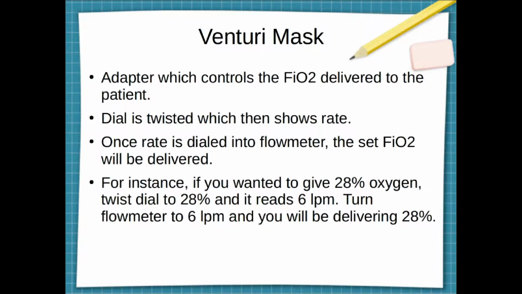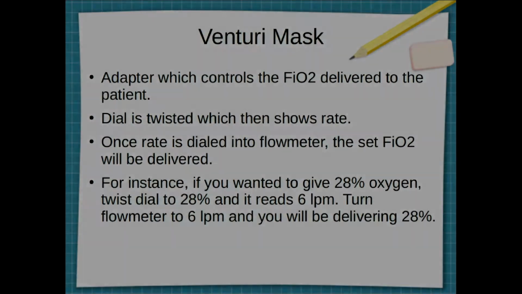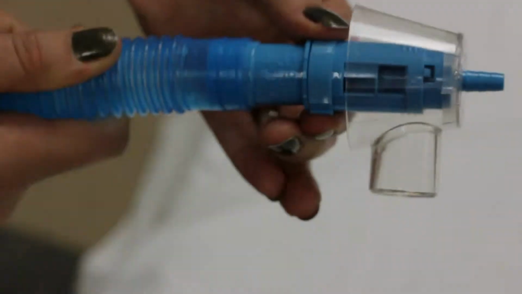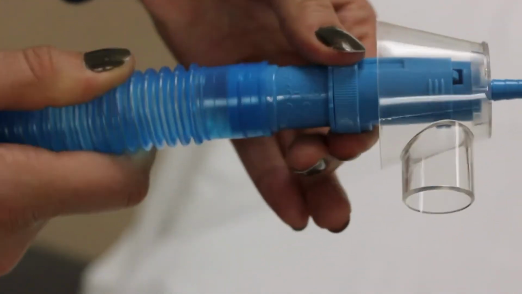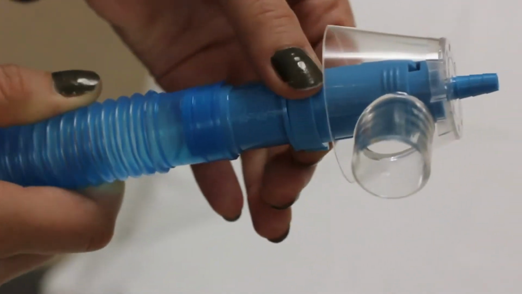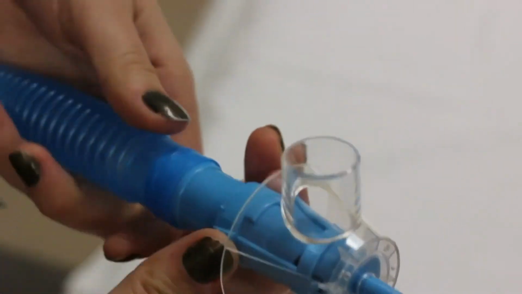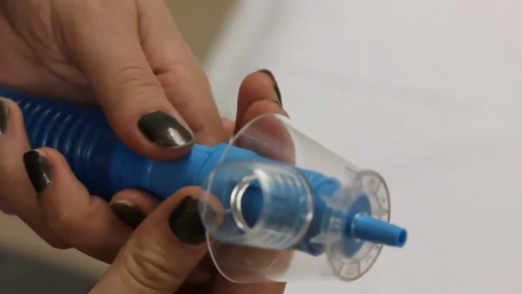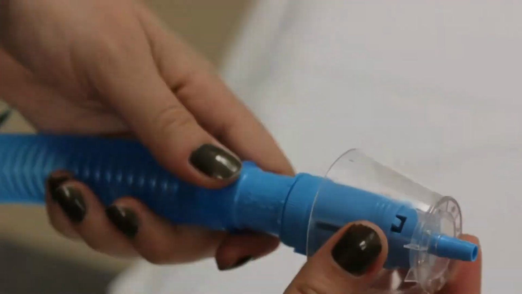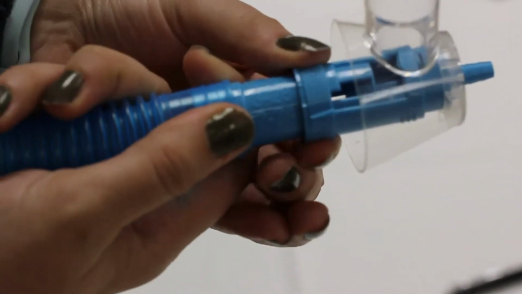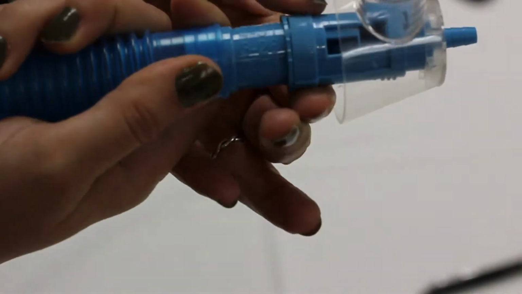One of the lesser common examples is the Venturi mask, which includes a dial that you use to adjust for your desired flow rate and FiO2. The flow rate is provided by an oxygen flow meter and can deliver an FiO2 between 28 and 60%.